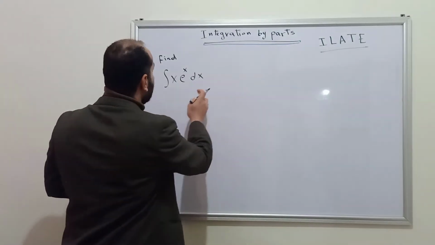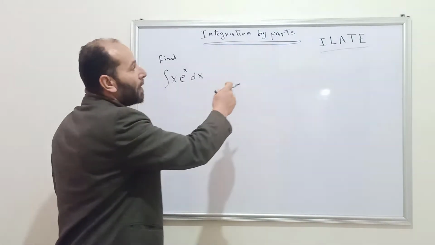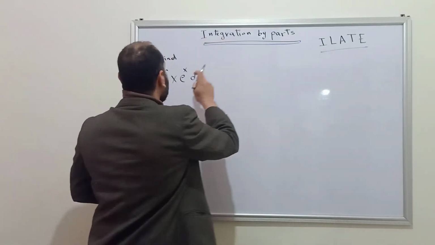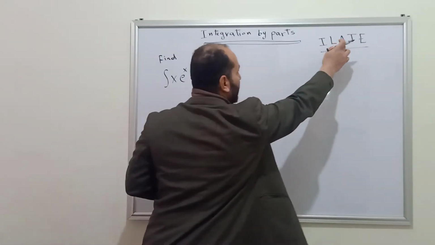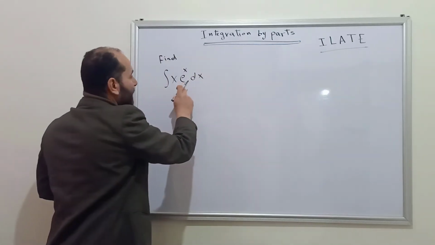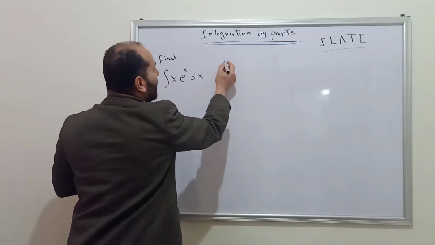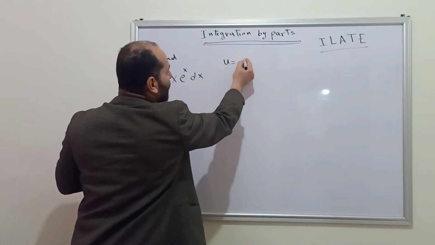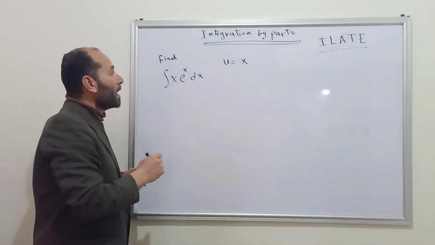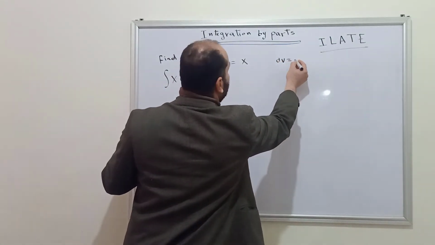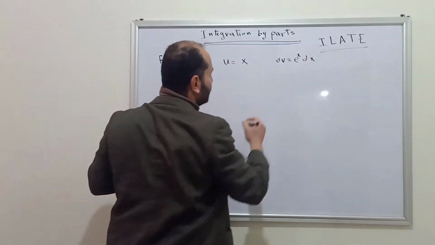Now I choose u and v by this word. x is algebraic and e power x is exponential. So I take u equals x and dv equals e power x dx.